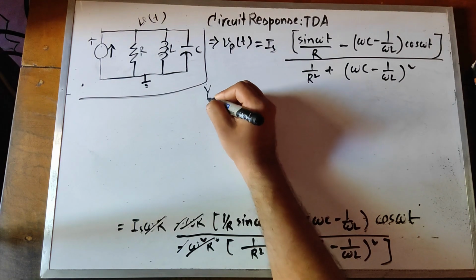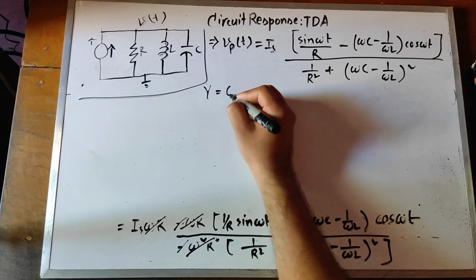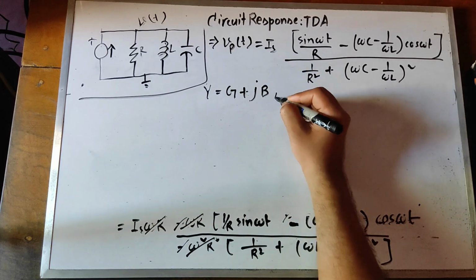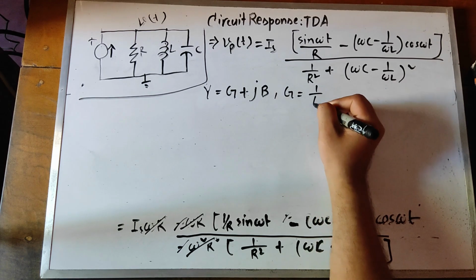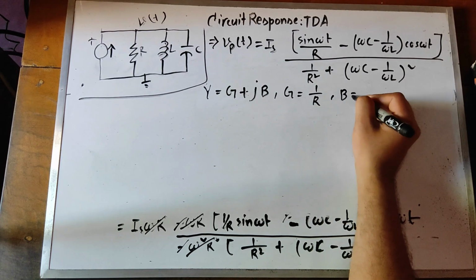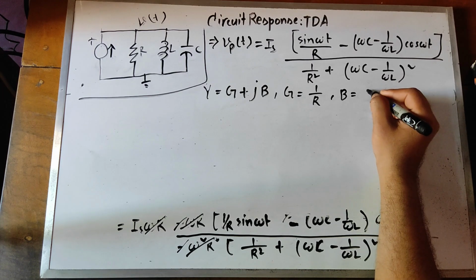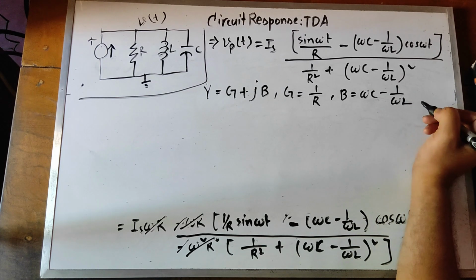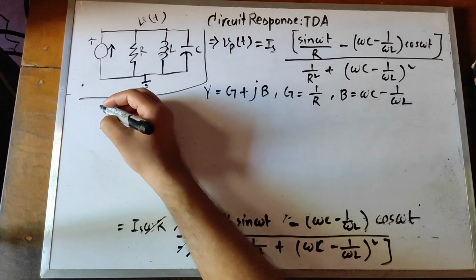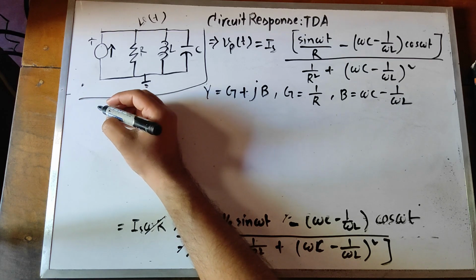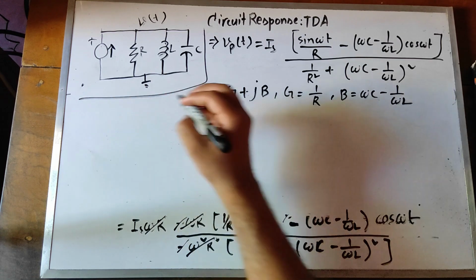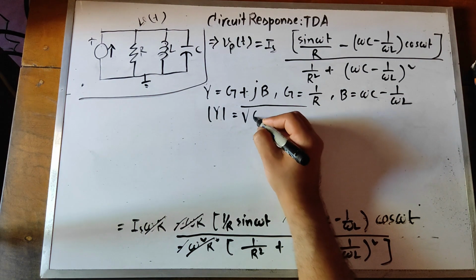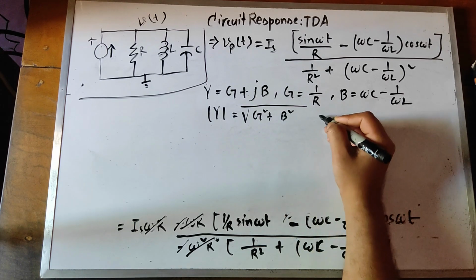So if I take admittance as conductance plus susceptance, where conductance is 1 by R, susceptance is omega C minus 1 by omega L, then the magnitude is G square plus B squared.